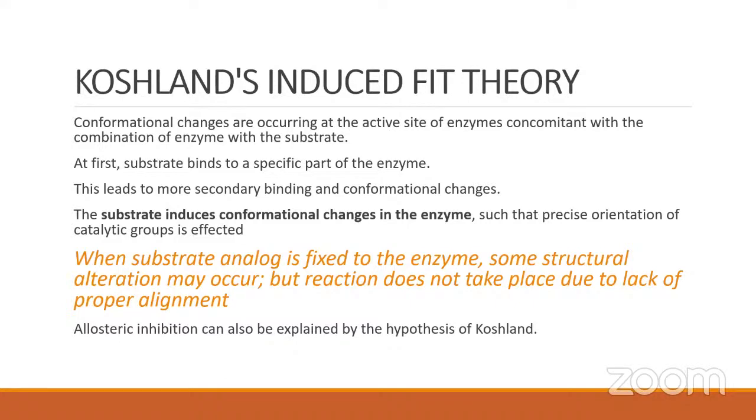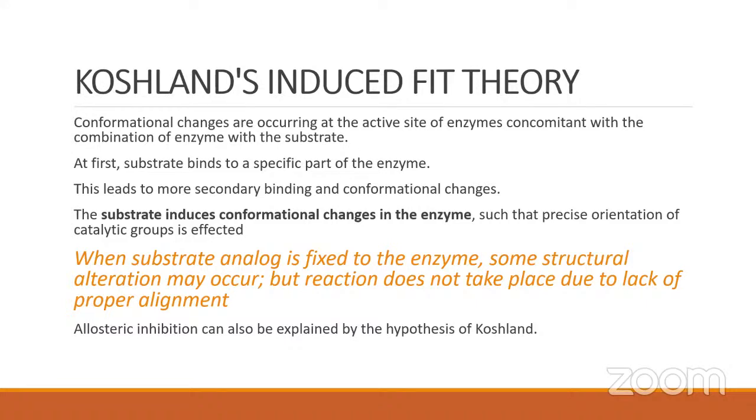What did he propose? He proposed that the substrate will induce a conformational change in the enzyme so that the substrate can fit very well into the substrate binding site, and the catalytic site also gets activated so that enzyme catalysis will take place.